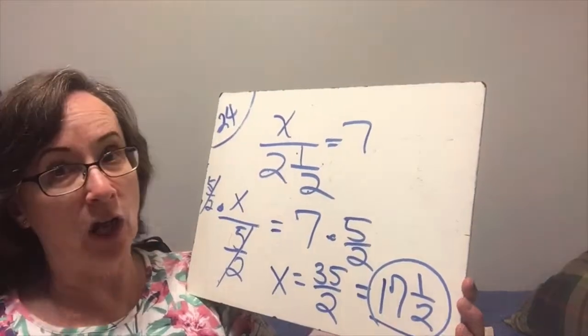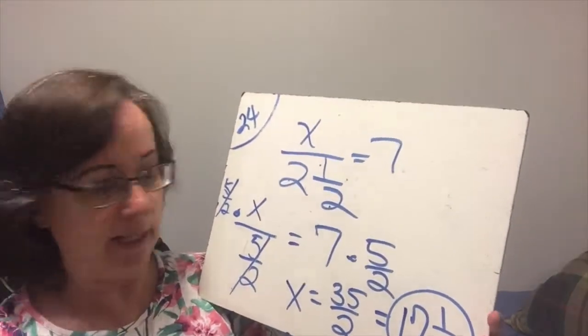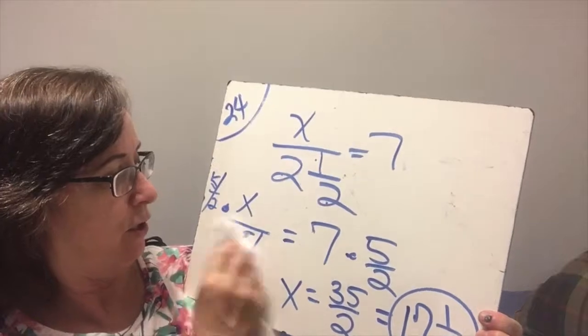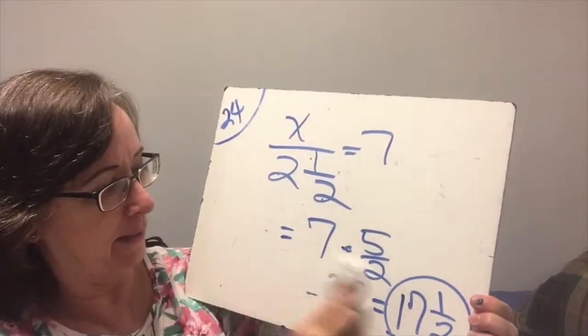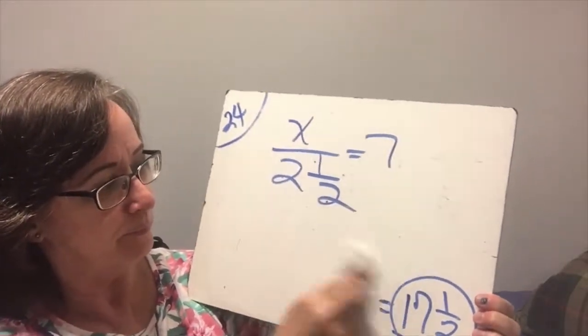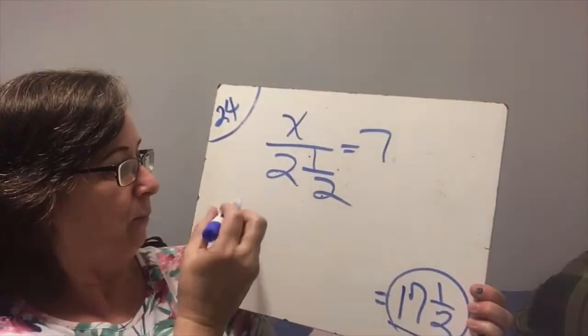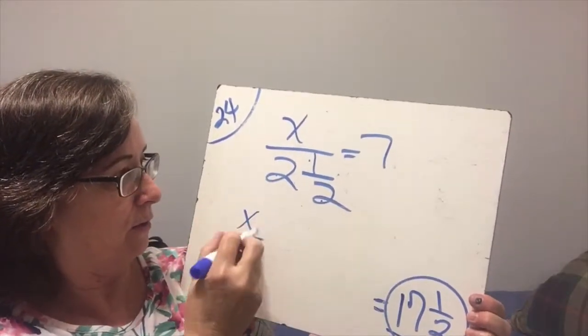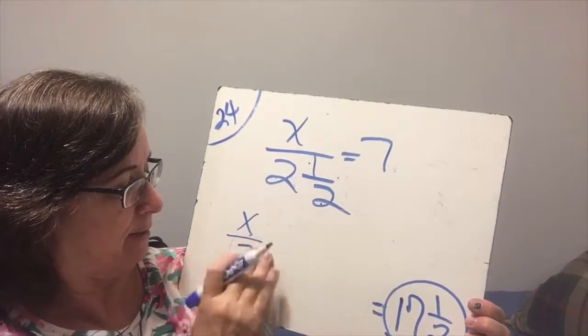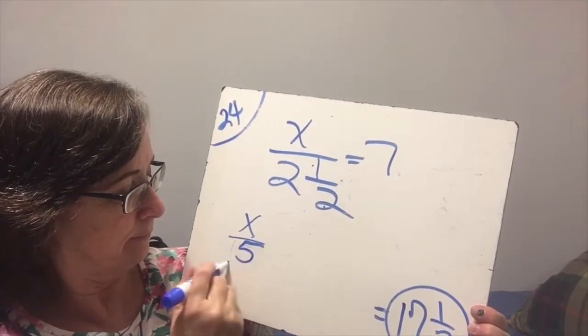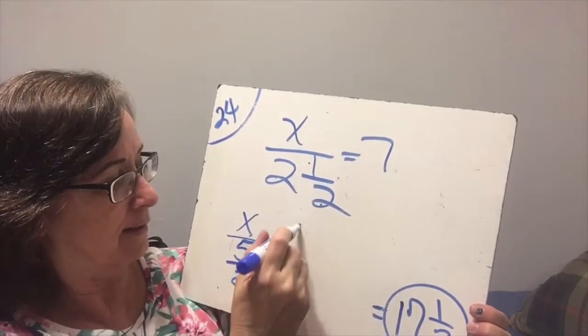Now, a little bit longer way to do it would be to come back here, and we have x over 5/2 equals 7.